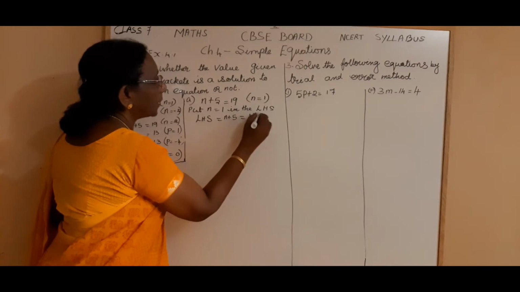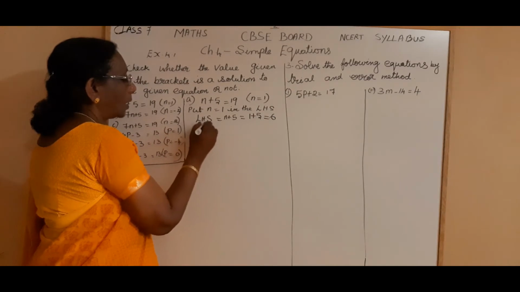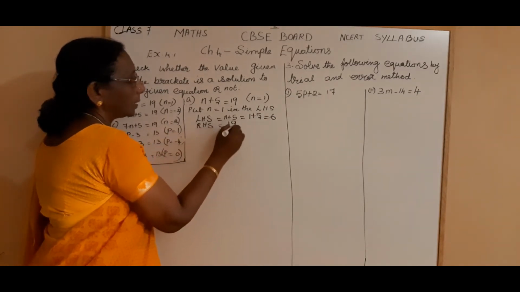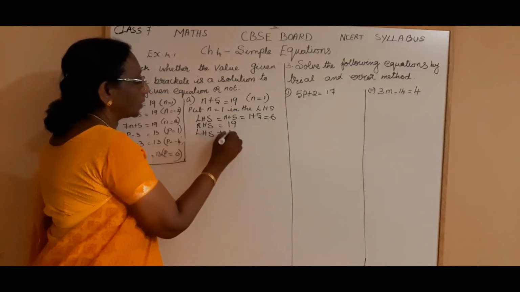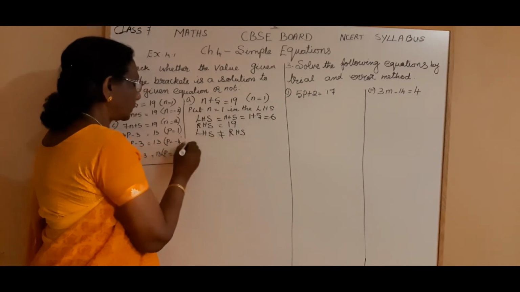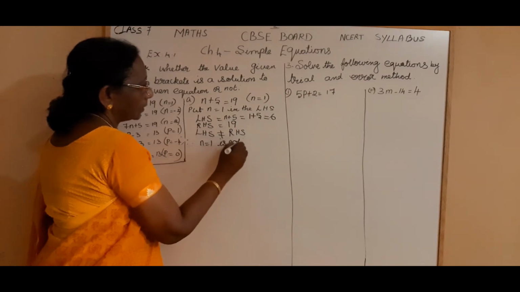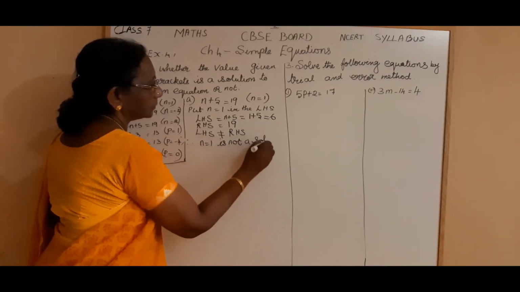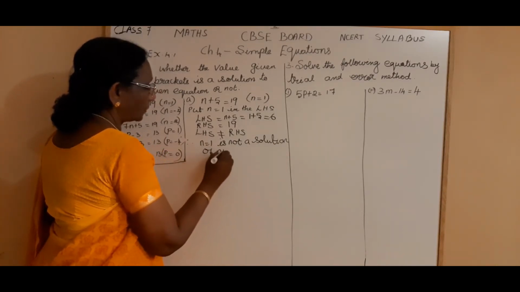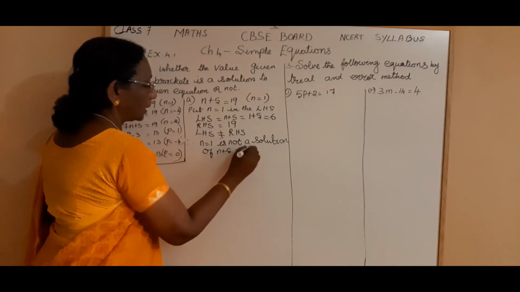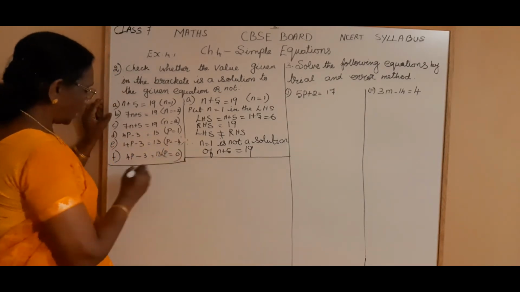So 1 plus 5 is equal to 6. But what is RHS? RHS is equal to 19. Therefore, LHS is not equal to RHS. Therefore, n is equal to 1 is not a solution of n plus 5 is equal to 19. Is it clear, children?